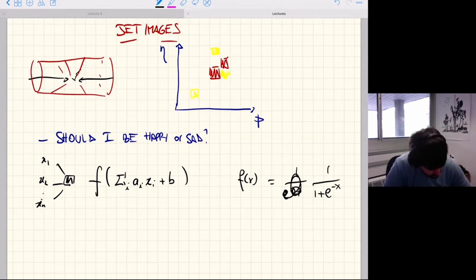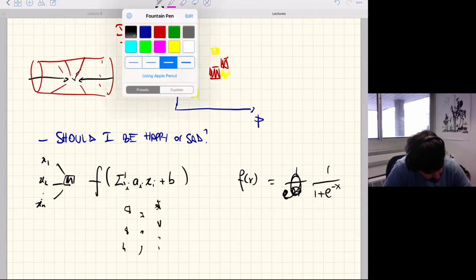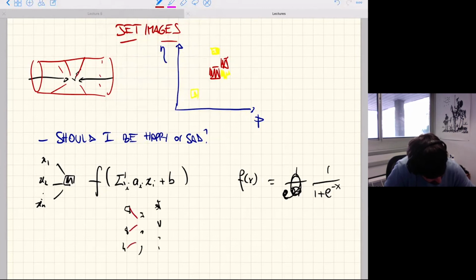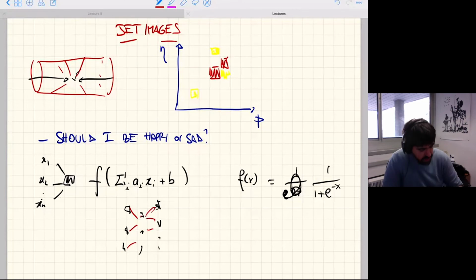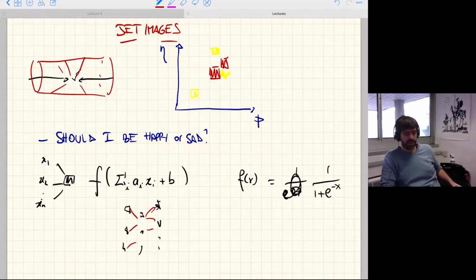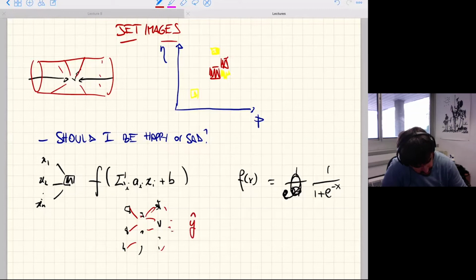So then there are many neurons in the network, all of which do this operation and then pass it to the next layer. And these A and B are parameters of the network. So at the beginning, they're essentially random numbers. And at the end, the network gets an output. Let's call it Y. And what the network does, it compares this output with the true label.